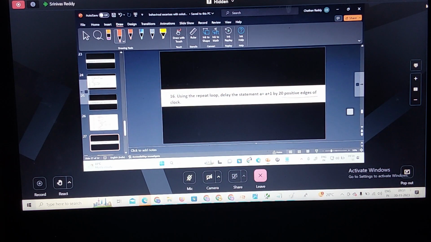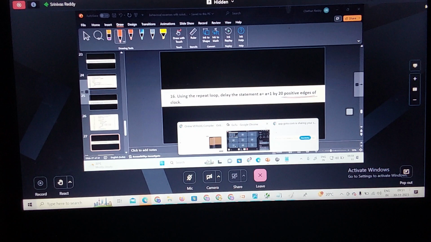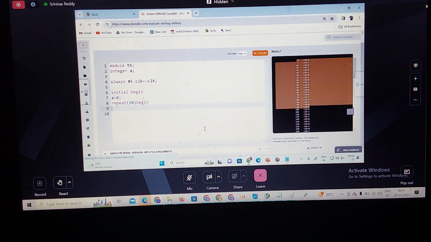I need to delay the statement A is equal to A plus 1 by how many positive cycles? 20 positive cycles. How to do this? I need to delay by 20 positive cycles. So this is used to generate the clock.